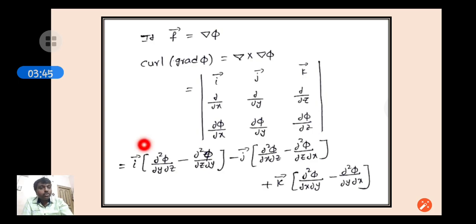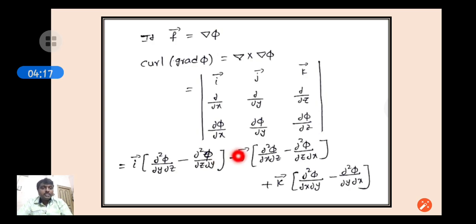First of all, I go through the determinant along the first row. So I am deleting the first column and first row. I am writing i bar into, after deleting the first column and first row, I can calculate the 2 by 2 determinant. So dou by dou y of dou phi by dou z, that is dou square phi by dou z dou y, minus dou by dou z of dou phi by dou y, that is dou square phi by dou z dou y.